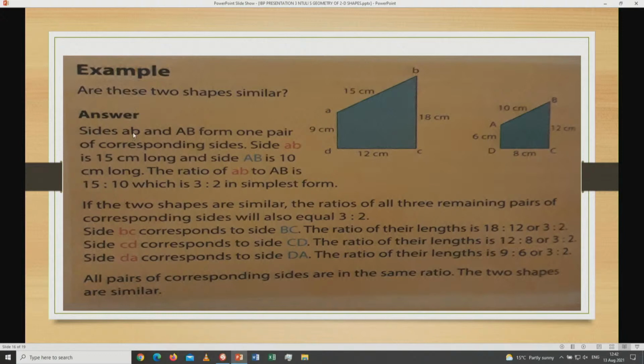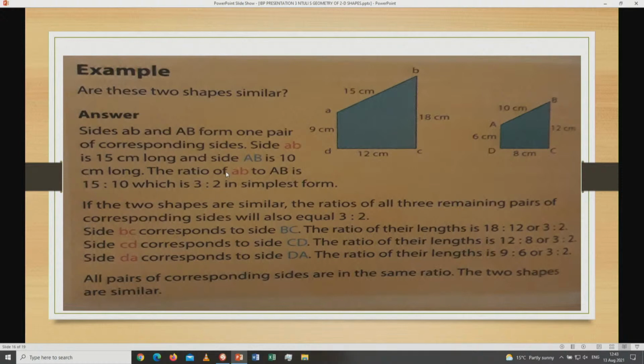Now answer. Side small ab and side capital AB form one pair of corresponding sides. Side ab is 15 centimeter long. Yes, we can see. And side AB is 10 centimeter long.